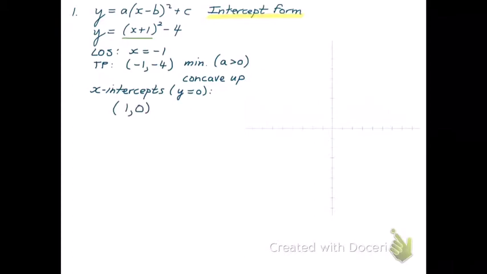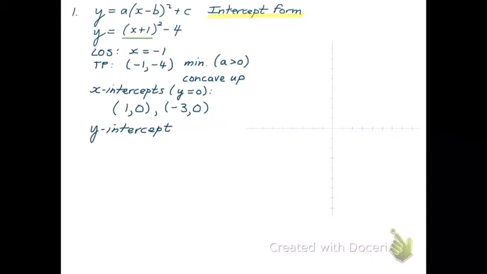You can see there that x equals 1 gives y equals 0. 1 plus 1 is 2, 2 squared is 4, 4 minus 4 is 0. The other value of x is -3. Remember that for quadratics you can have a maximum of 2 x-intercepts.